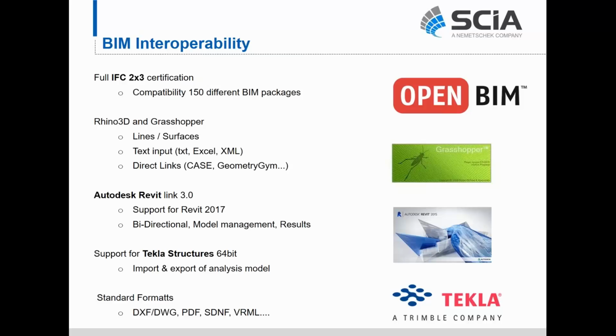OpenBIM is a concept that uses the IFC 2x3 file type to allow compatibility with over 150 different BIM packages, and so not only analysis and design software, but also other avenues of AEC. This is a very flexible file exchange that offers some unique interoperability for SCIA users.